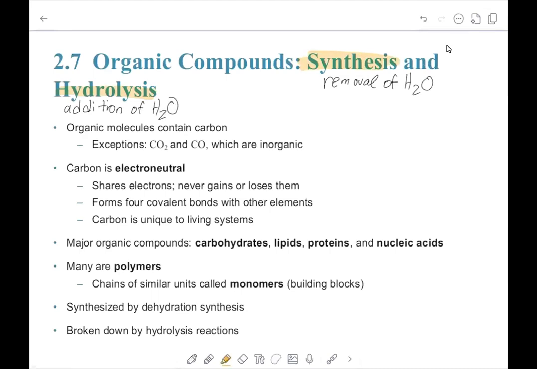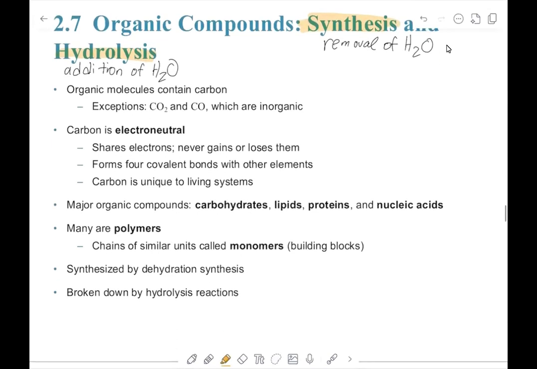So carbon is electroneutral. It shares electrons. Remember, it forms 4 covalent bonds because it only has 4 valence electrons. And major organic molecules are these 4 that I've already mentioned, and we'll see more coming up. Many are polymers, and they can be broken down into their monomers.